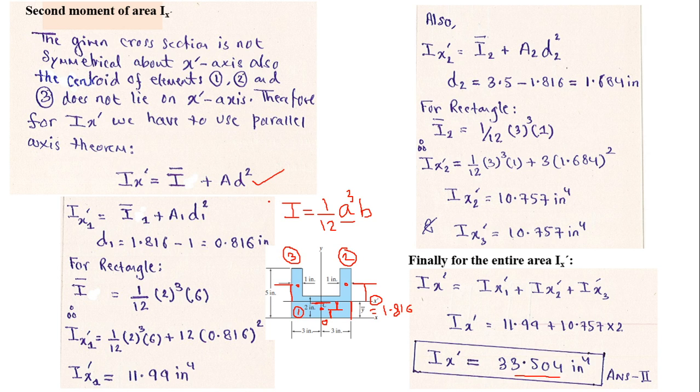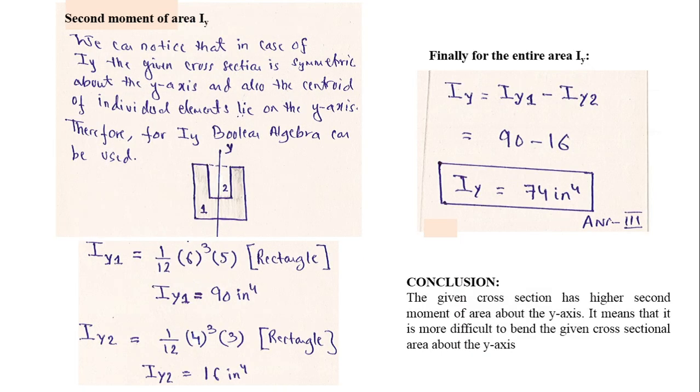And now let's calculate Iy. Okay, so second moment of area Iy. We can notice that in case of Iy, the given cross section is symmetric about the y-axis, and also the centroid of individual elements lie on the y-axis. Therefore, we can easily use Boolean algebra of simple shapes to calculate Iy.